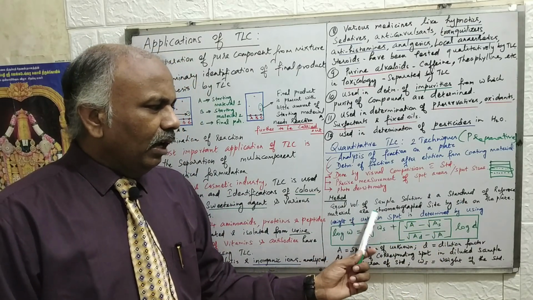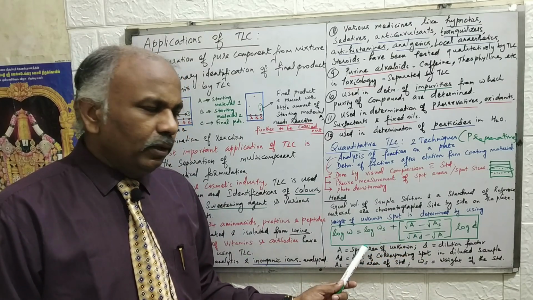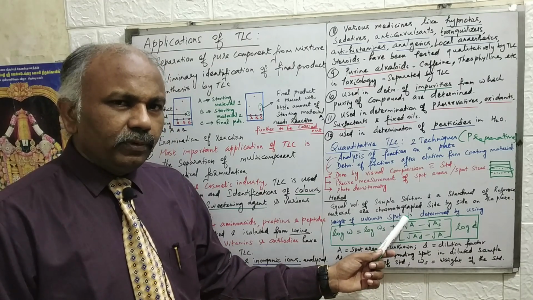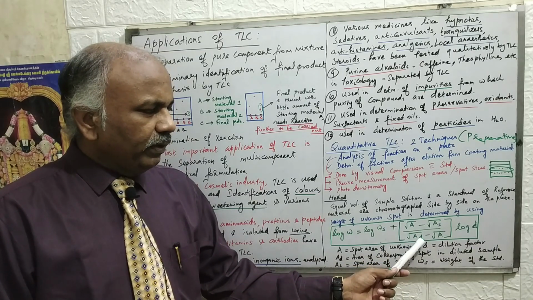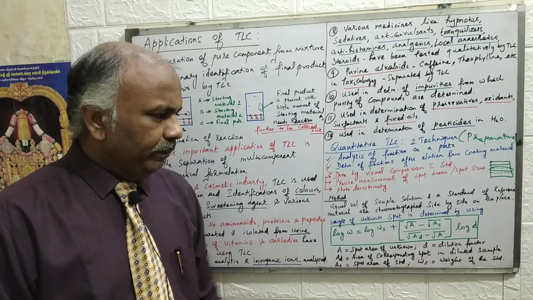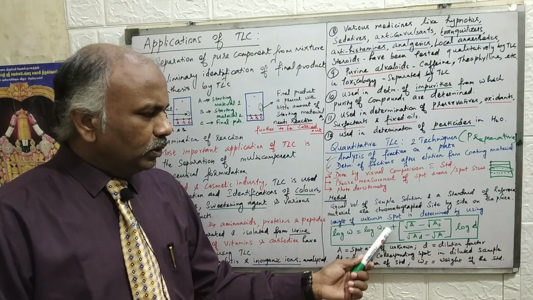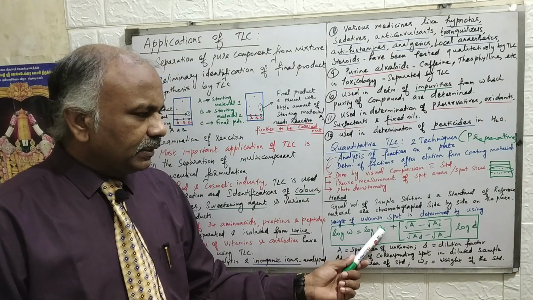So the weight of the unknown spot is determined by using the formula: log W is equal to log WS plus root A minus root AS, divided by root AD minus root A, the whole multiplied by log D, right? W is the weight of the unknown spot, and WS is the weight of the standard.